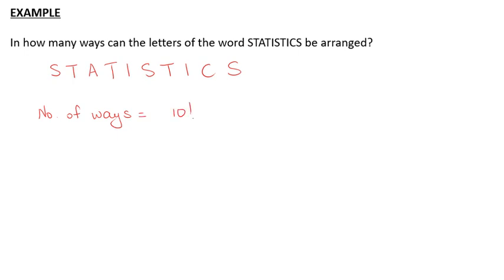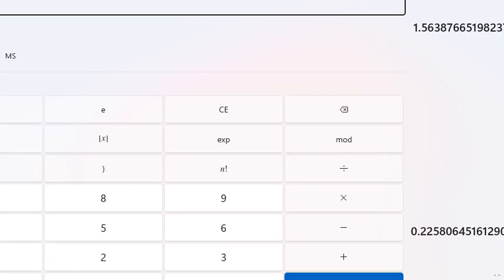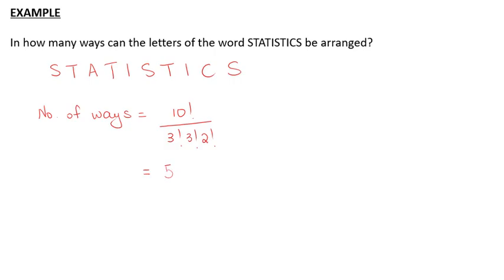However, there are some that are repeated, some are alike. We have 3 S's, so we need to divide by 3 factorial. We have 3 T's, so divide by 3 factorial. 2 I's, so we divide by 2 factorial. 1 C, and that's it. And then we turn to our calculators and we should get a value of 50,400.